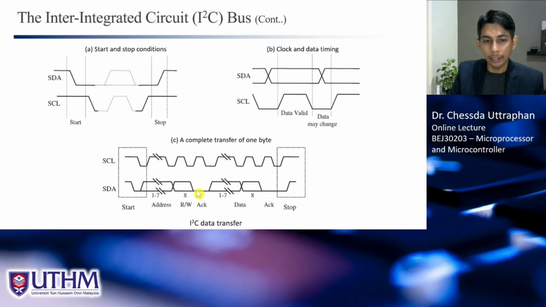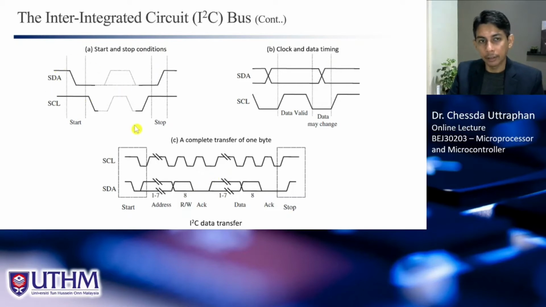And after this bit, either 0 or 1, the line will go back to 1 again, to wait for the acknowledge. So you can see that here the microcontroller and the peripheral need to communicate using this line.